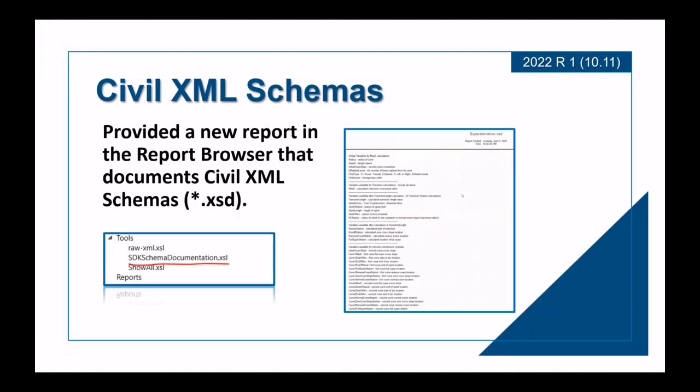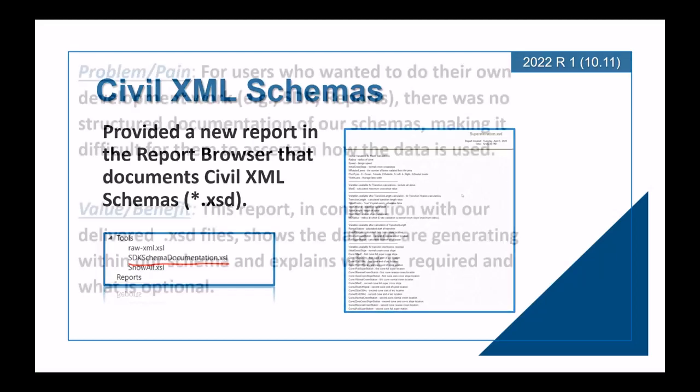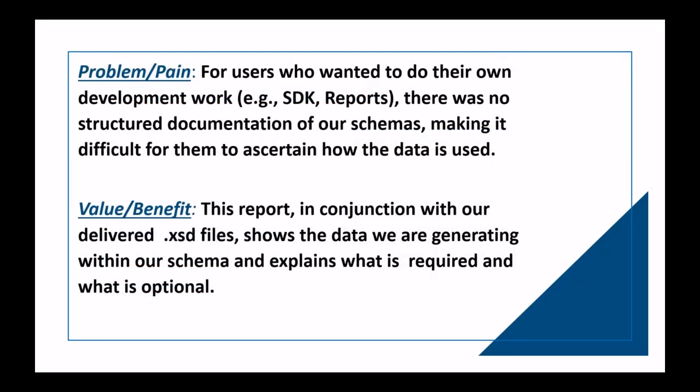Another thing that we did under reporting in the 2022 R2 release is we provided a new report that documents the Civil XML schemas. Now, why did we do this? Well, the pain was we had a lot of users that wanted to do their own development work, either through the SDK or by creating their own reports.